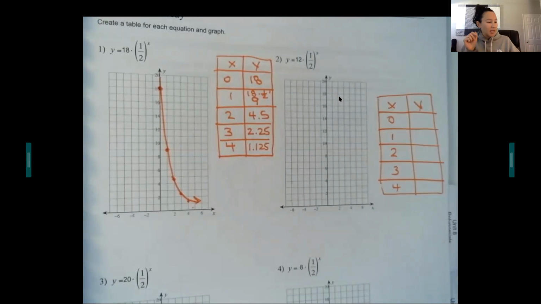Okay, I'll give you guys another minute just in case you're not done, and then we'll go over them. Okay, can I get a volunteer from the first group that wants to tell me how you did number 2, what you got in your table and the points?